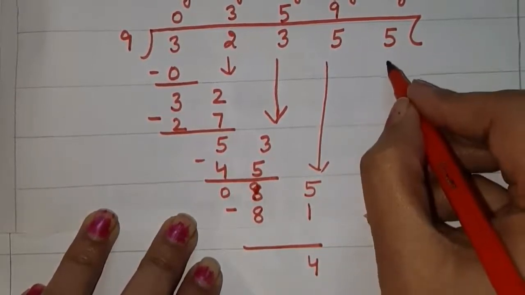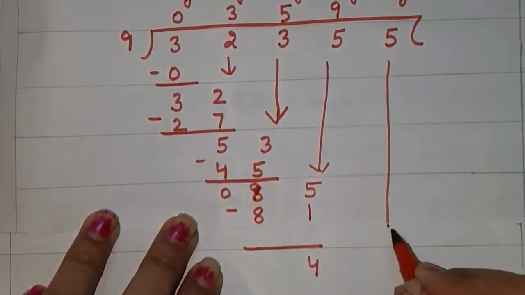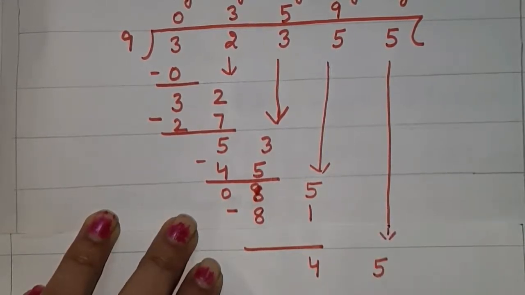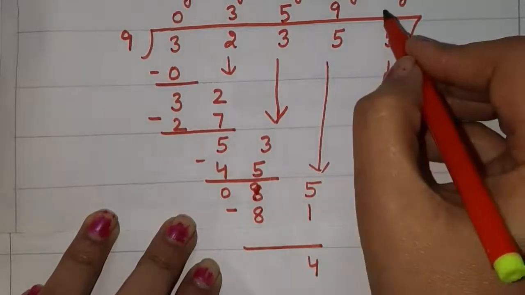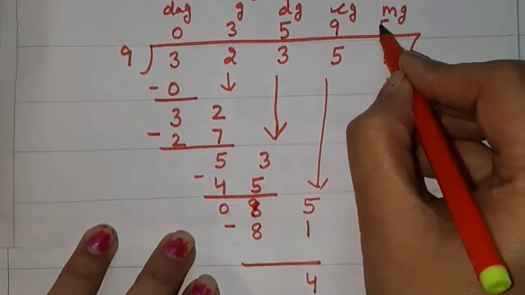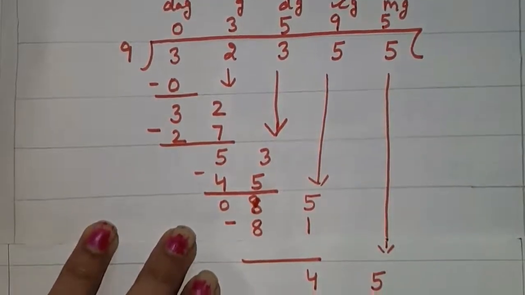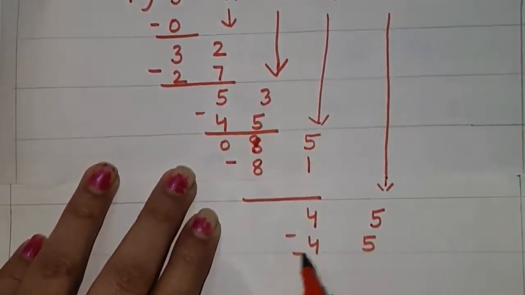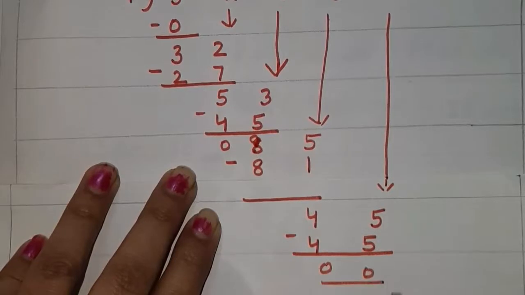Consider the next last digit, 5. Now 45, 9 fives are 45, here we will write down in milligram 5. Now it is finished.